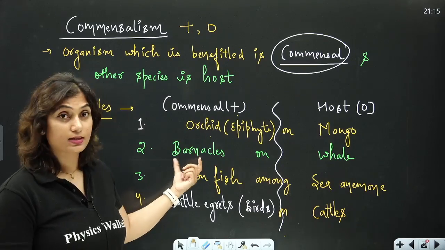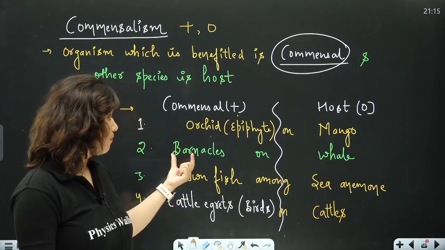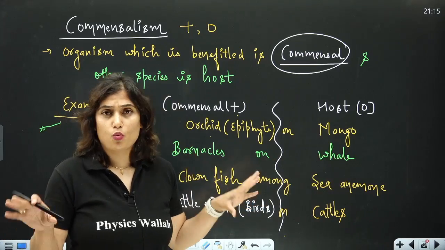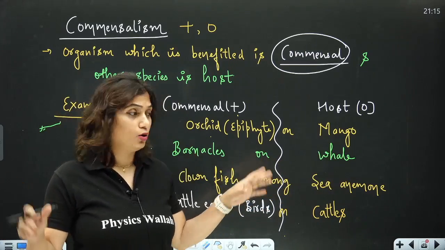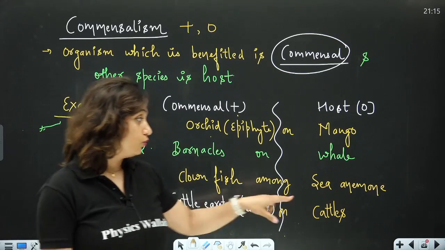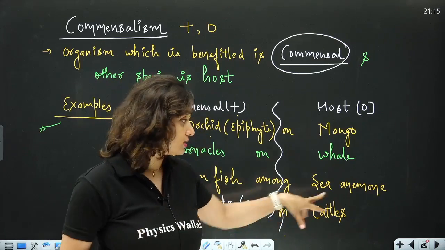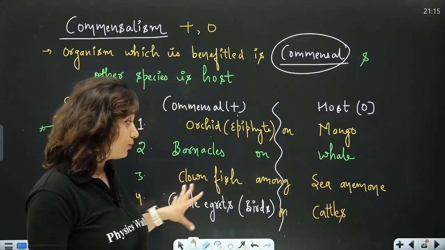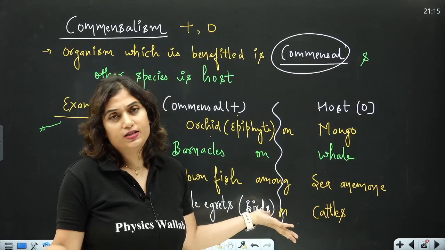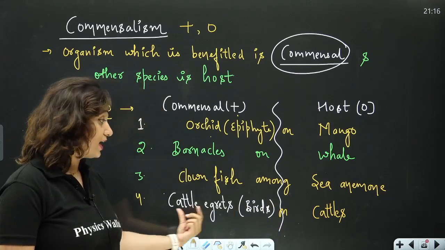Then barnacles, these are small arthropods. Barnacles found on a whale. Barnacles get protection, the whale is neither harmed nor benefited. Clownfish. Clownfish is a small fish which resides amongst sea anemone. So it gets protection from enemies because of the sea anemone, and the sea anemone is neither benefited nor harmed. Cattle egrets.